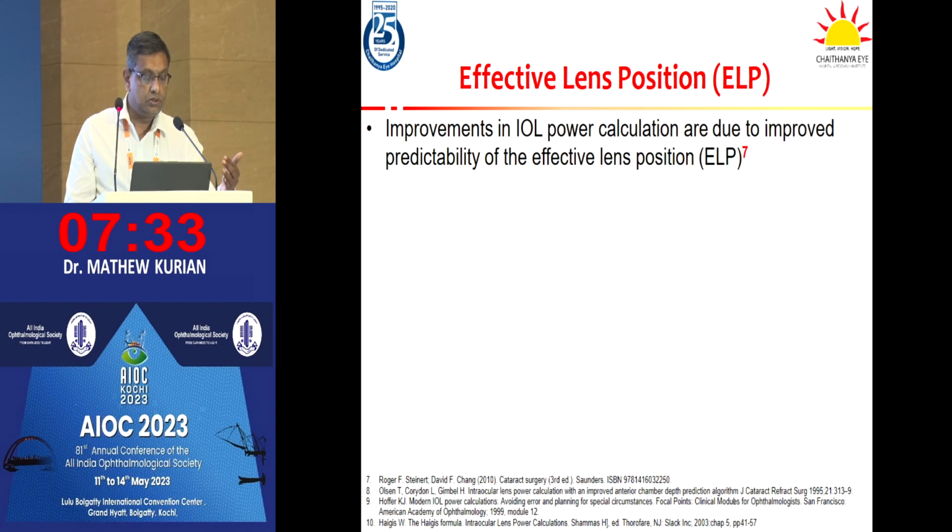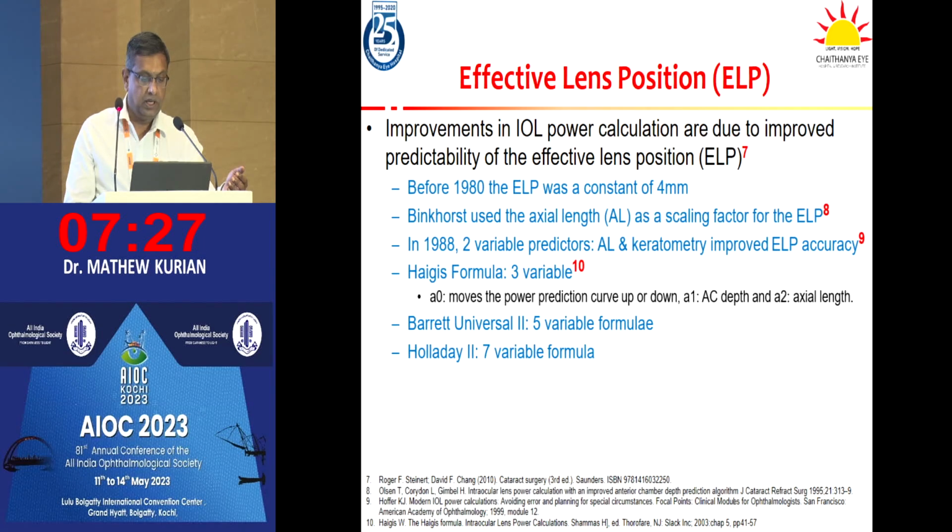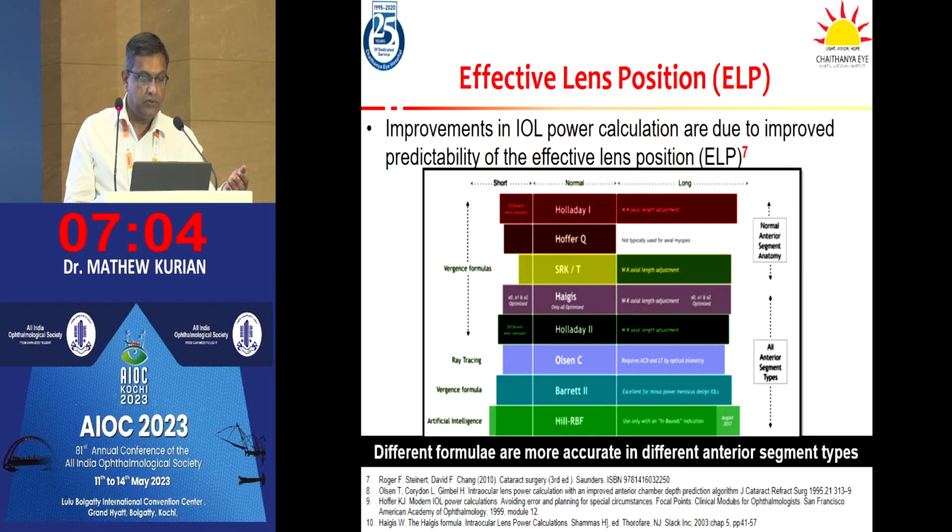The limitation that we have today is the ability to predict the effective lens position correctly. Now with the Haigis formula, which has 3 variables, the Barrett Universal 2, which is a 5 variable formula, and the Holladay 2, which is a 7 variable formula, we are able to look better at these 9 segments of the Holladay schema.